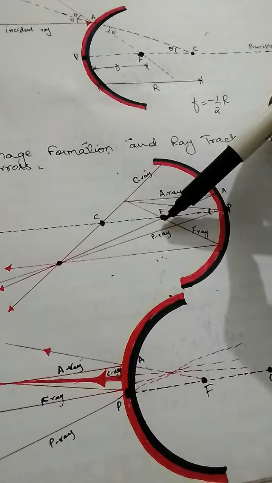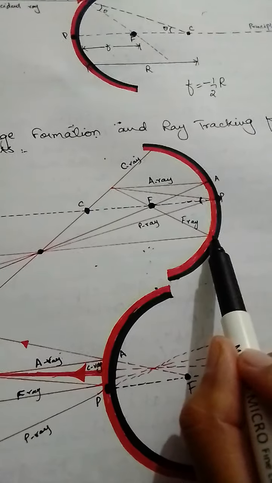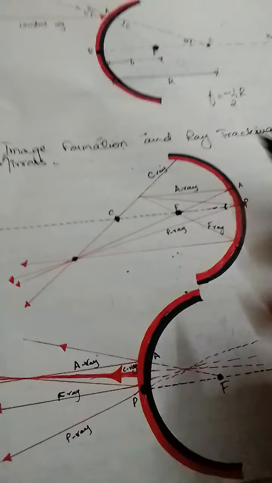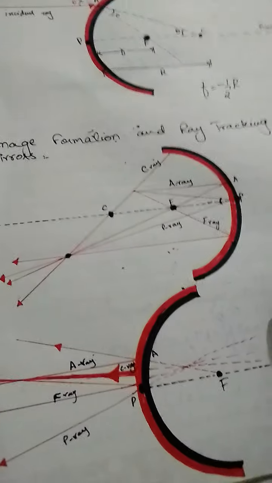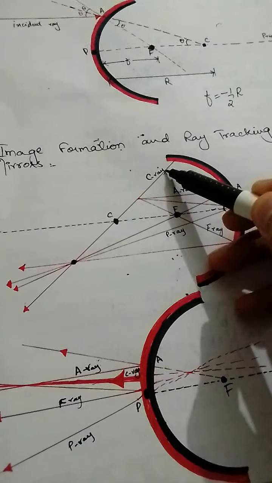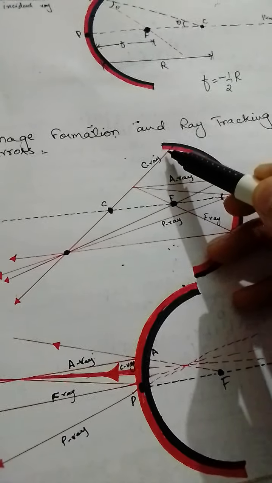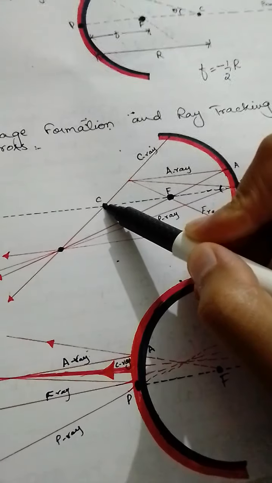The F ray first passes through the focus, strikes the mirror and gets reflected back parallel to the principal axis. So the A ray and F ray are pretty simple things. Now coming to the C ray. The C ray is the light which strikes this surface and gets reflected back with 0 degrees.